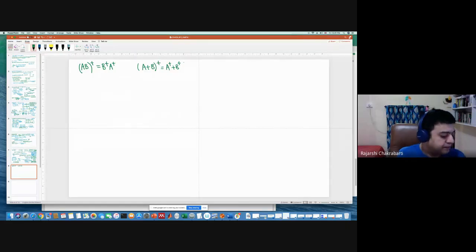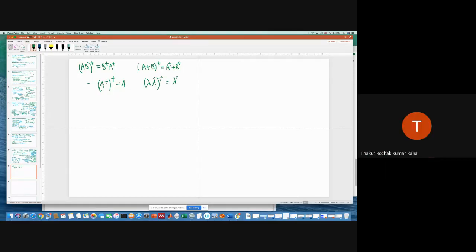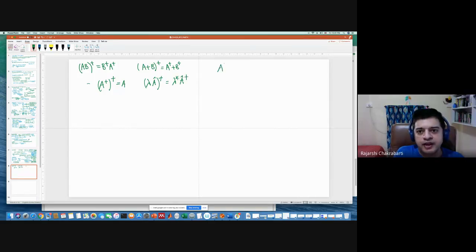Not a bad idea to do it. Also, if you take the dagger of lambda A, it is actually lambda star A dagger. And also, if I have a situation, let me finish, A dagger equals minus A, then A is called an anti-Hermitian operator or matrix.